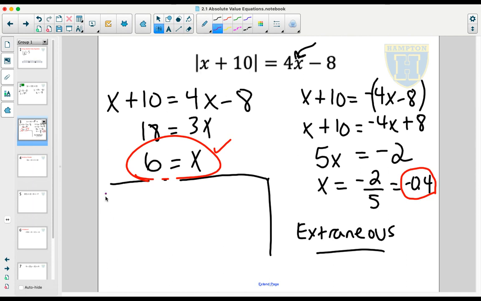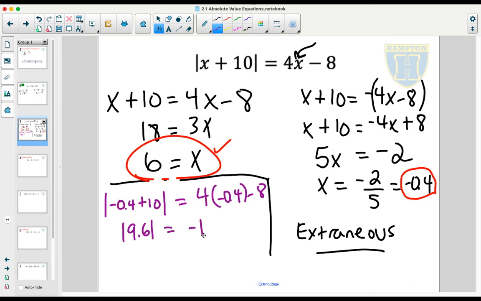So let's try substituting the negative 0.4, and it's going to be a little bit easier with the decimals. So we'll do 4 times negative 0.4 minus 8. Over here on the left, negative 4/10 plus 6 gives us the absolute value of 9.6. Over here on the right, 4 times negative 4/10 is negative 1.6, or negative 1 6/10, minus 8, which gives us a total of negative 9 6/10.